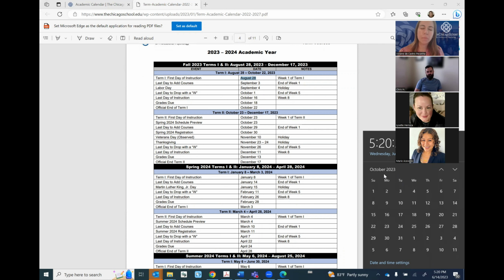When does the window typically open? The window will open on January 12, 2024, okay? And the window will close after 15 days. That means that students have 15 days to complete all their comprehensive examinations.